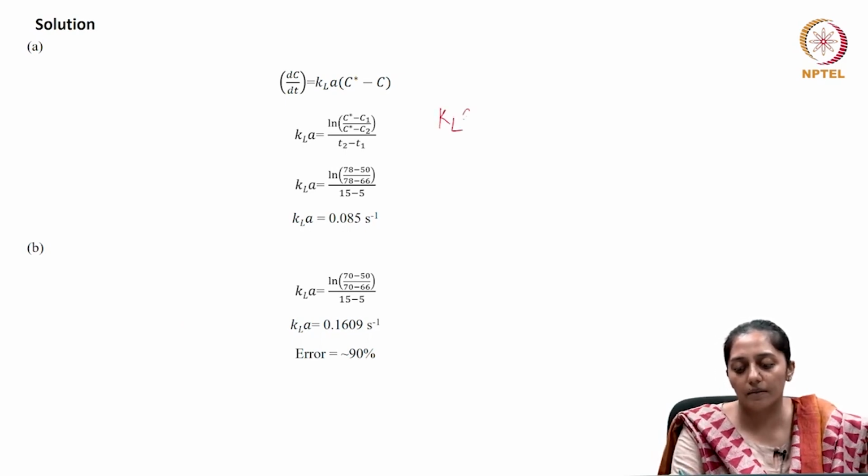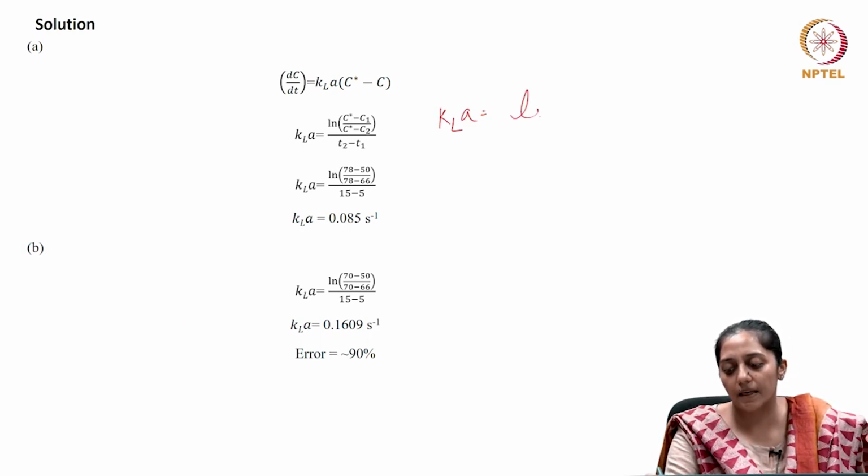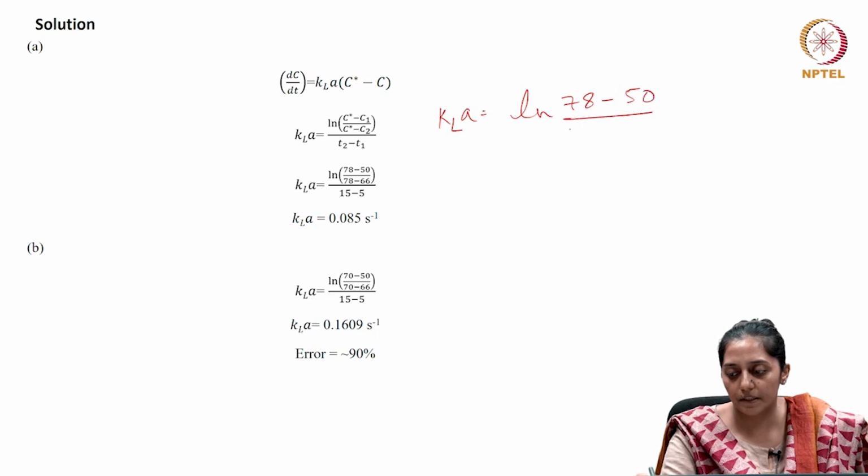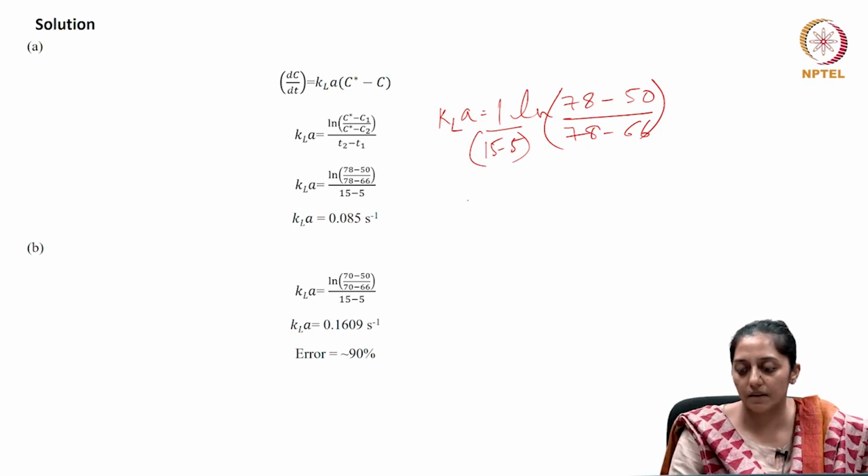KLa will in turn become ln (78 minus 50) divided by (78 minus 66), 1 by 15 minus 5, T2 minus T1. So, this is what is given here.